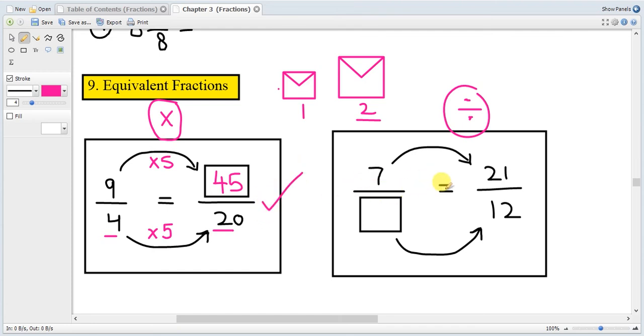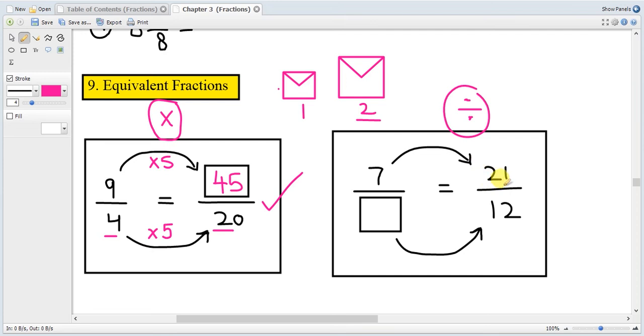So this is 7 over box is equal to 21 over 12. In this case we use another method, the division method. Focus on the bigger number. How do you get 7 from this 21?